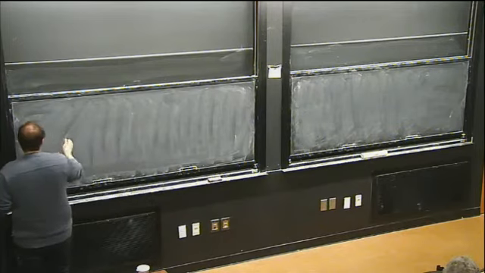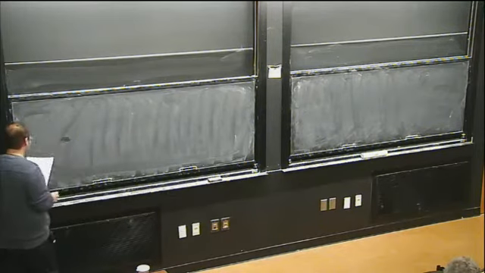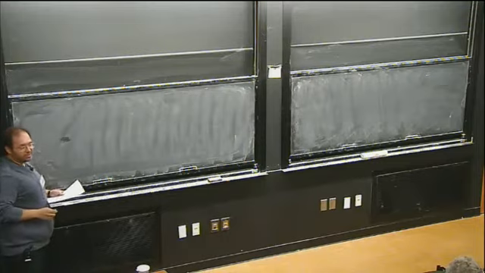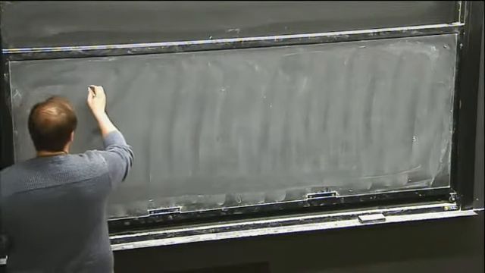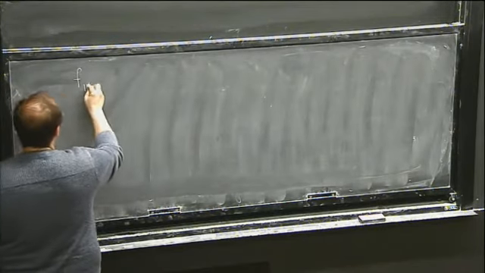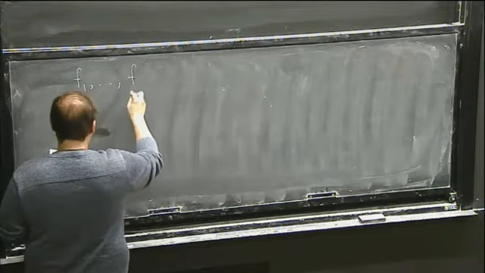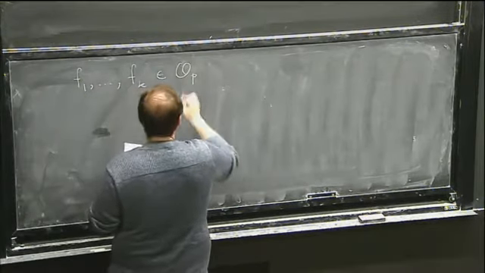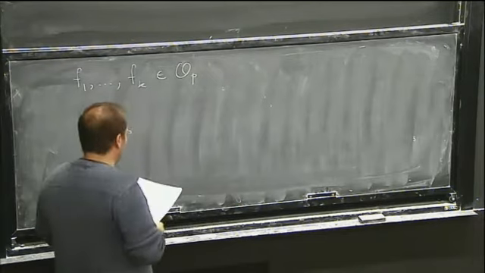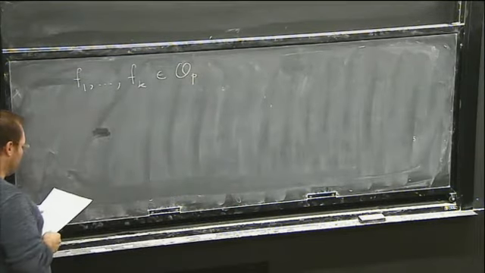I'm going to move away from algebraic geometry, from algebraic language, as soon as I can. Okay. Well, if you have some ideal, it's usually described by a bunch of generators. So take some germs of holomorphic functions.